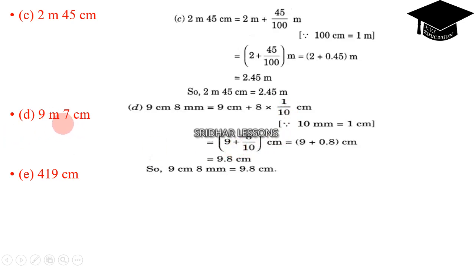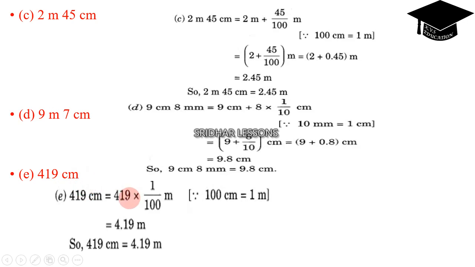This is not 7, I think this is 8. So that is 9 centimeters 8 millimeters, that is 9.8 centimeters. Next one, 419 centimeters. 419 into 1 by 100, that is 4.19 meters. So 419 centimeters is equal to 4.19 meters.